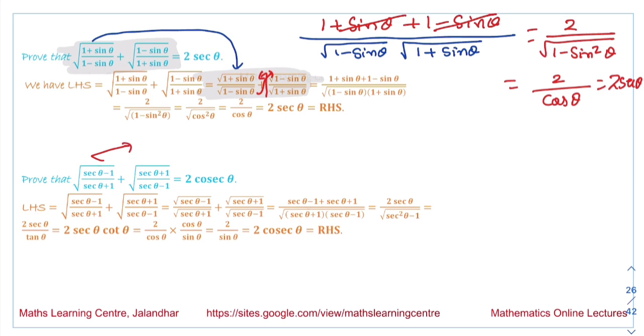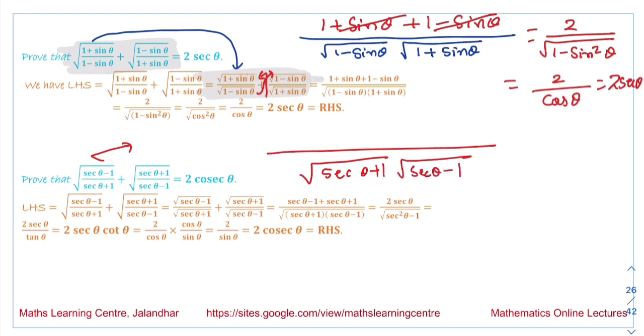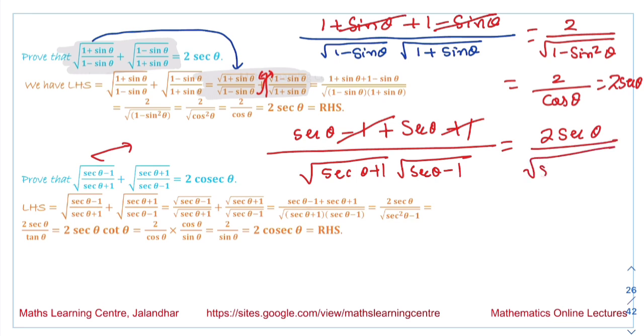Similarly, in this question, when we take the LCM over here, it is square root of secant theta plus 1 into square root of secant theta minus 1. The numerator is secant theta minus 1 plus secant theta plus 1. These two terms get cancelled. We are left with 2 times secant theta over square root of secant square theta minus 1. This is equal to 2 times secant theta over square root of tan square theta.